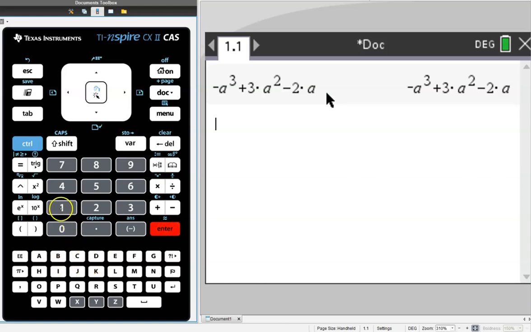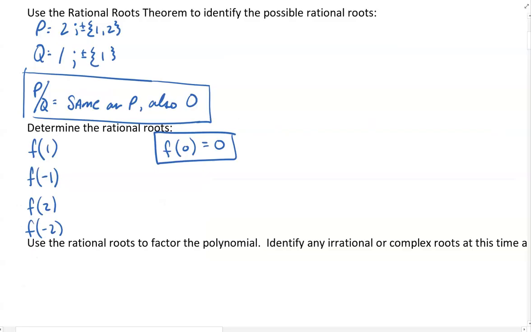But if we take our potential zeros and store them, so in this case I'll press 1 and then control variable to call the store command, and store that potential zero as A, then when I highlight the prior expression and tap enter, this will recalculate the formula at that number, and in this case we do find a root at 1. So when x is 1, we do have a root, so there's one of my roots.